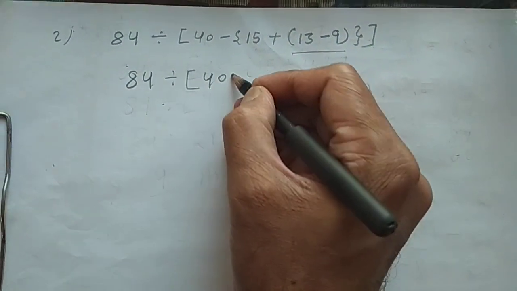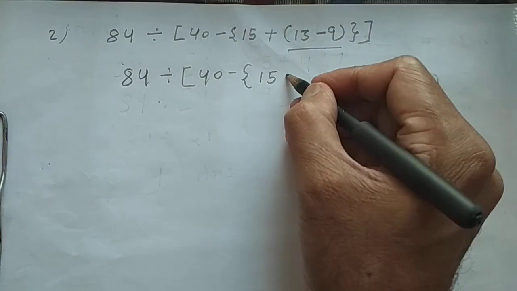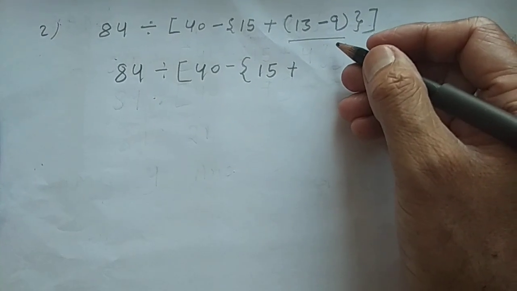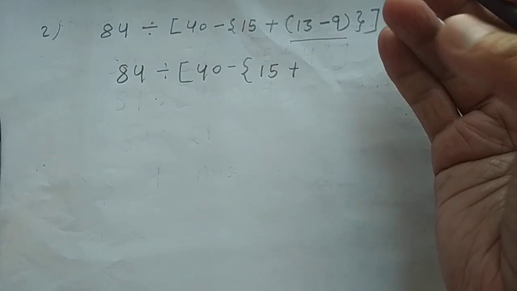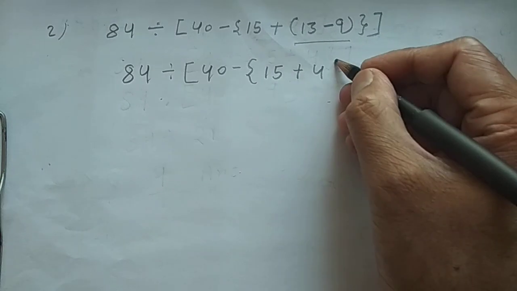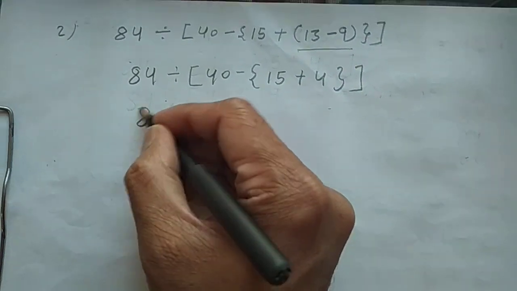Rectangular 40 minus curly 15 plus 13 minus 9, that is 4. Curly bracket close, rectangular bracket close.